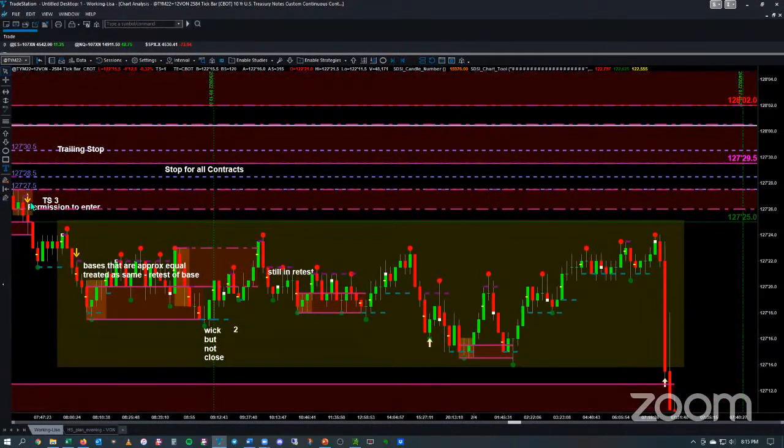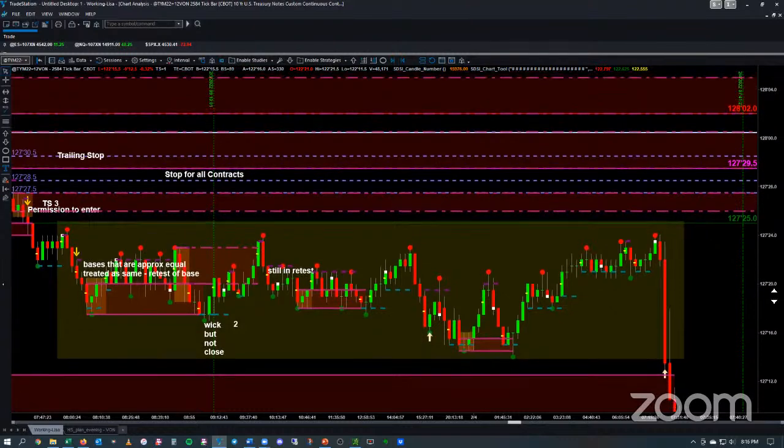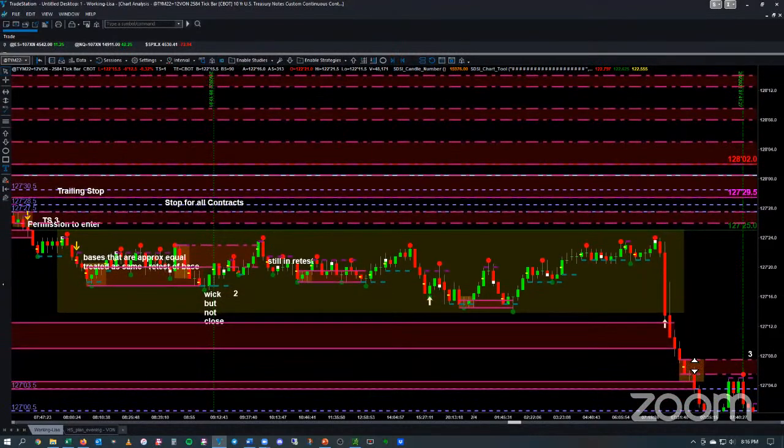Okay, so this right here is trail stop 3. You've got 1, basically 2, and then here is your 3rd base. So in this area is when you would have permission to move that trailing stop. And you can see price has moved away quite a bit at that point.